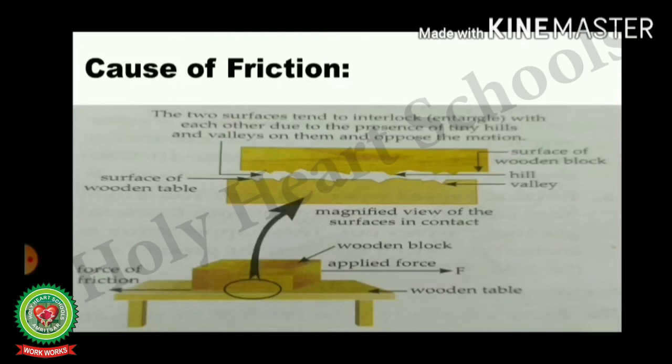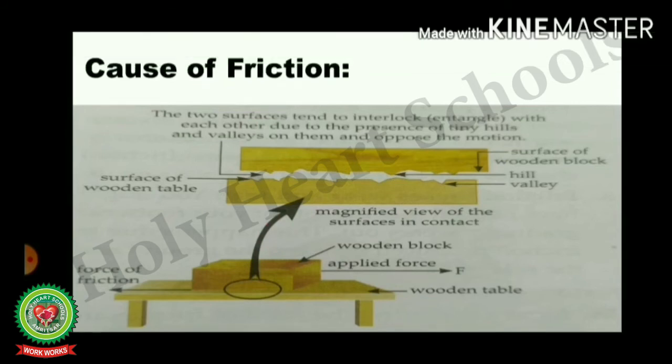Next, we will discuss what is the cause of friction. We know that friction occurs when two bodies are in contact with each other. We consider the example of wooden block and wooden table. When the surfaces of these two objects come in contact with each other, then what happens? It opposes the motion of the block.